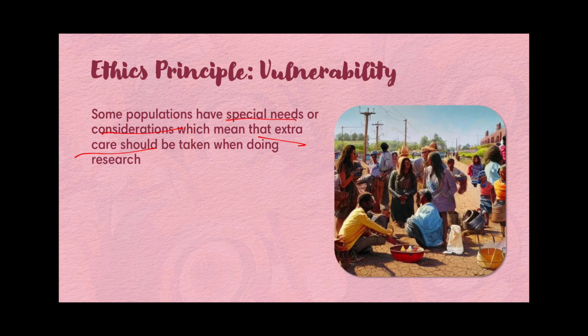So they can be coerced by their higher ups to be a part. So extra care is provided. There's a whole ethical chapter specifically for institutionalized people, and those in adoption centers. We will not have the time to discuss the nuances of this, but in general, they need extra care.